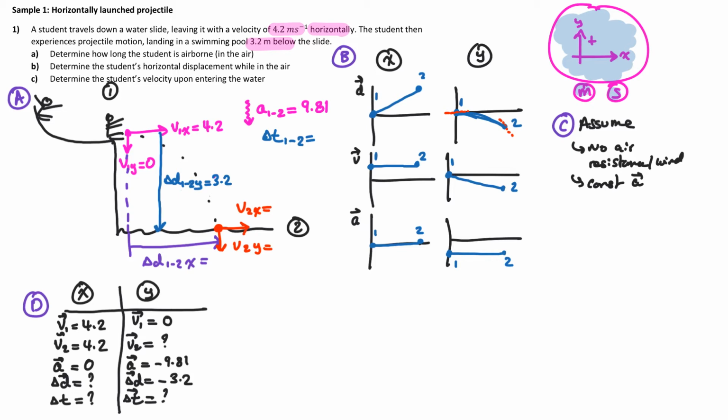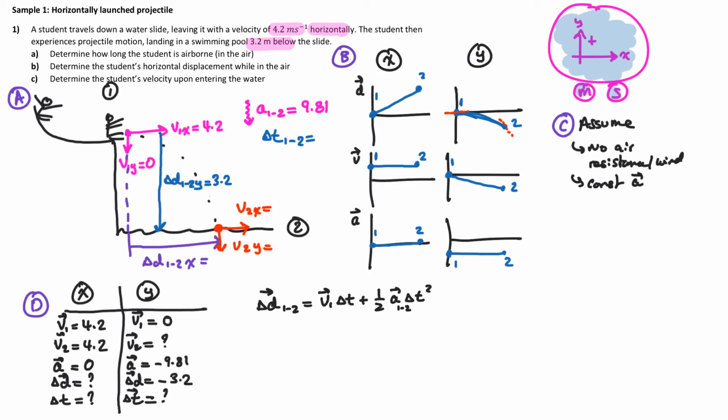Let's do it. The equation that I need, the one that connects this information, is that displacement is equal to, and I'll write the values here too. Displacement from 1 to 2 is equal to velocity 1 times the change in time plus 1/2 of the acceleration multiplied by the change in time squared.